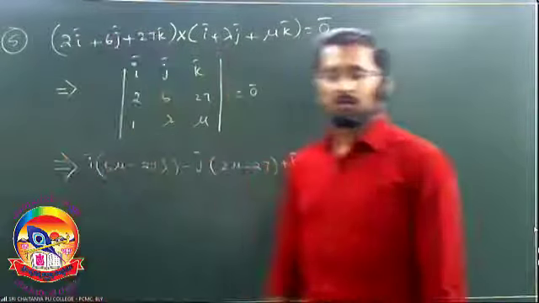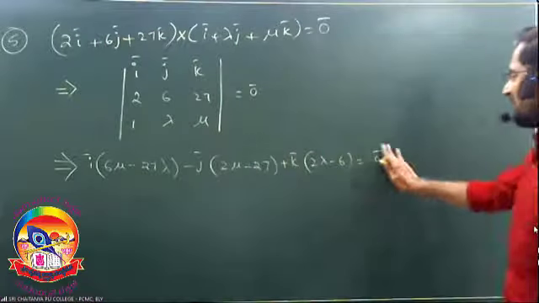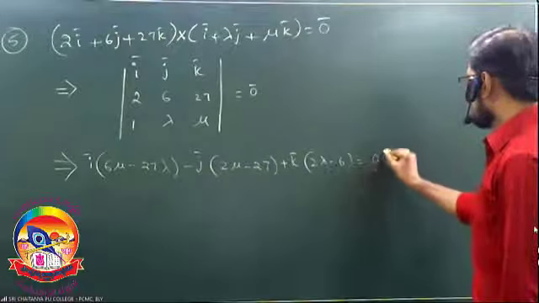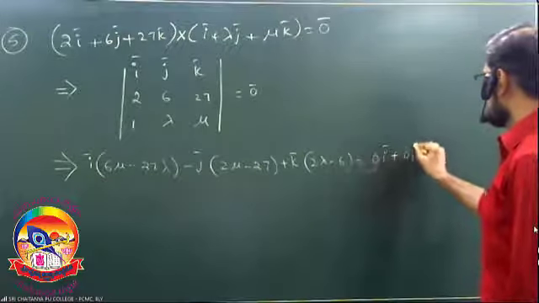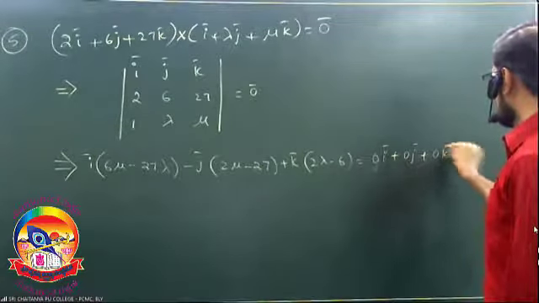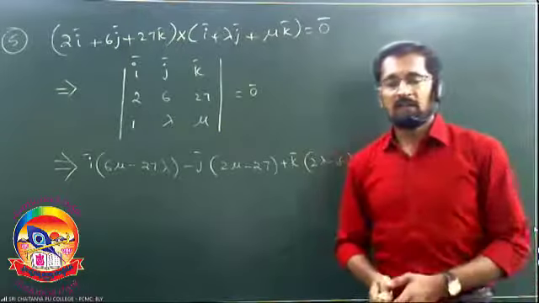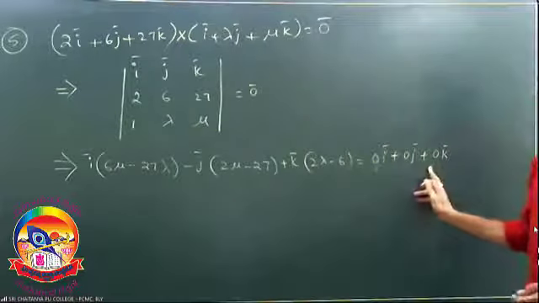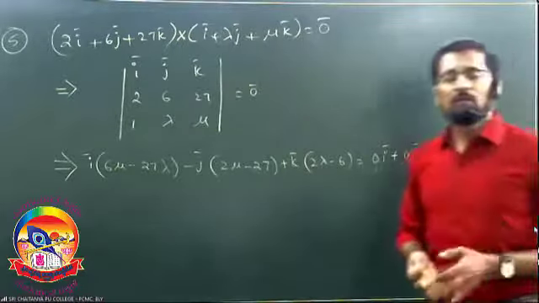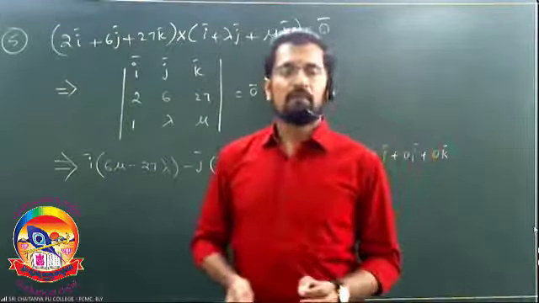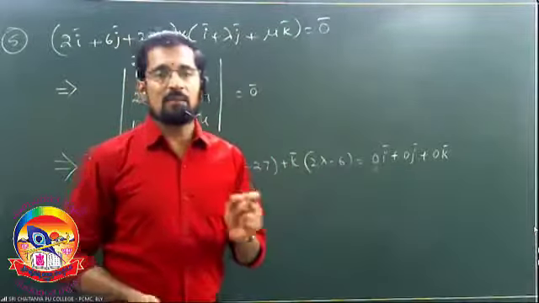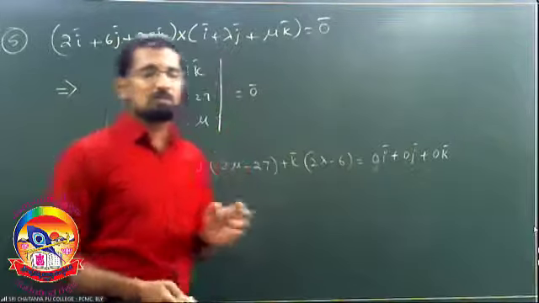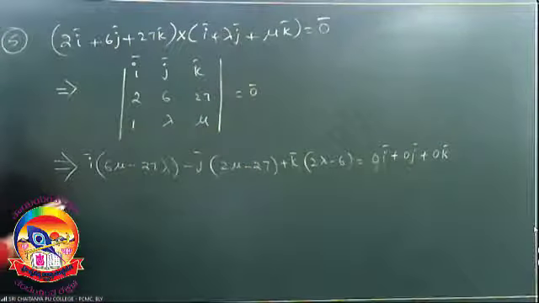You can write this RHS as 0 i bar plus 0 j bar plus 0 k bar. Is there any objection if I write this null vector like this? Now, I am going to equate each and every coefficient of i bar, j bar, k bar, that means components.